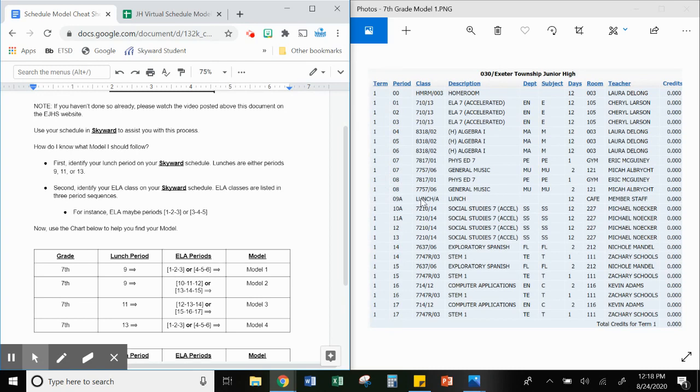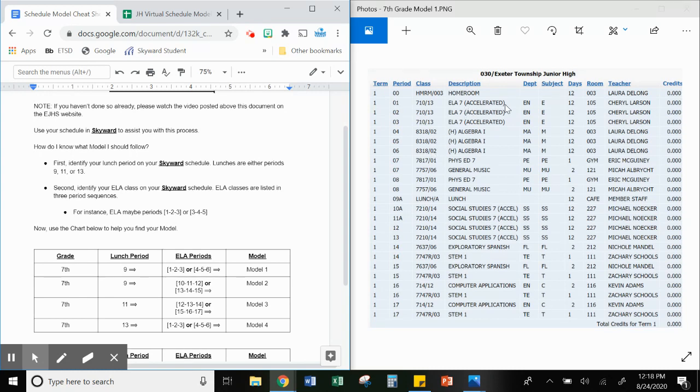On the right-hand side, you will see an example of a 7th grade Model 1 schedule. This is a period 9 lunch. The second thing that needs to occur is you need to figure out where your ELA class is. ELA classes are going to be found in 3-period sequences. That might mean periods 1, 2, 3, or 3, 4, 5, or 15, 16, 17 is also possible.